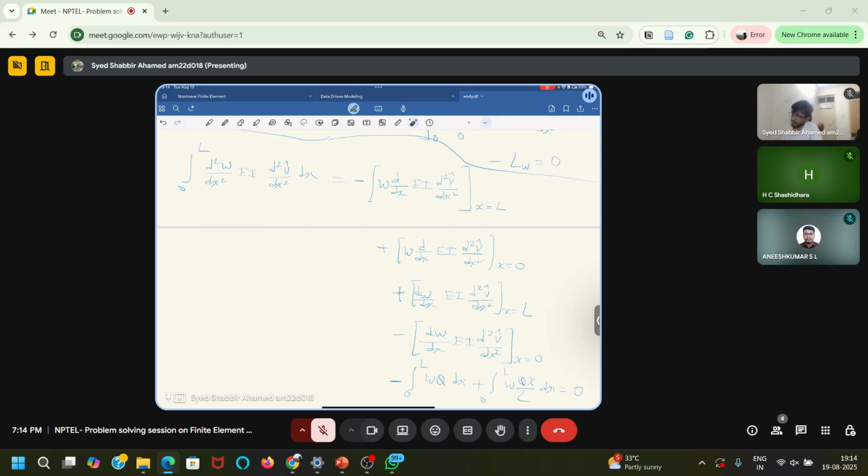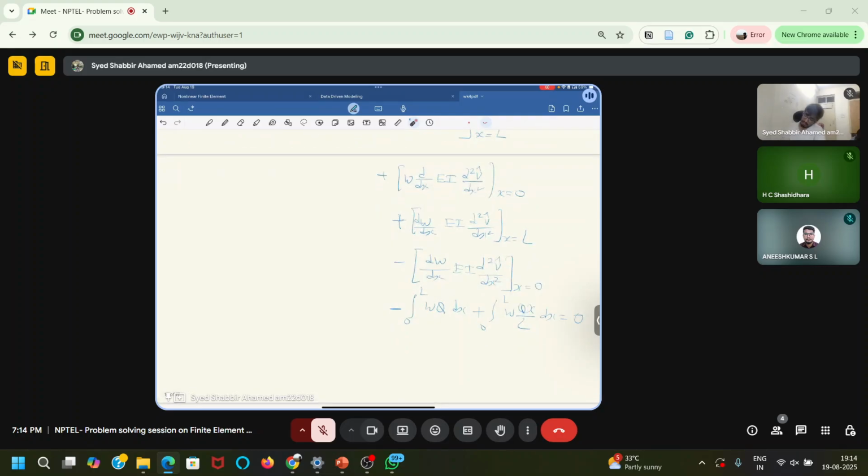We have got this. This is the weak form. So now we will assume a solution which is differentiable twice.